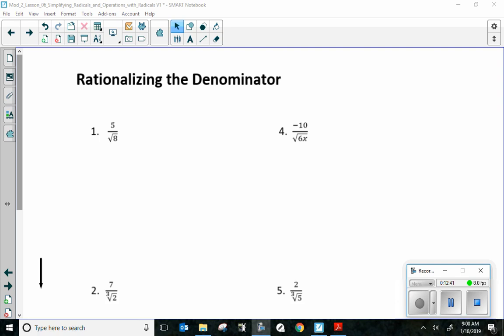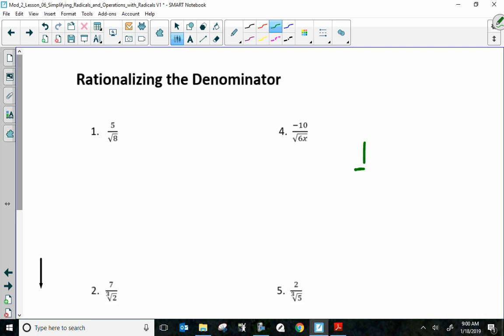Okay? So, let's take a look at number 1. All right, I have radical 8 on the bottom. I have 5 over radical 8. And this goes back to the old faithful rule with fractions. If I have a fraction, okay, and I multiply the bottom times something, it would not keep its value.